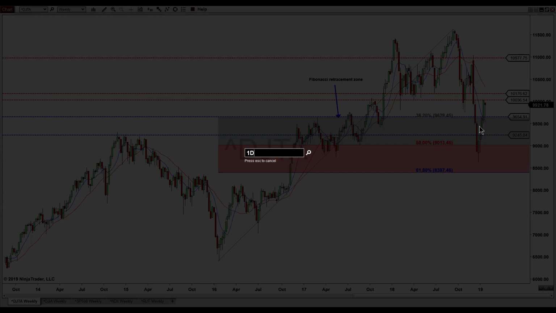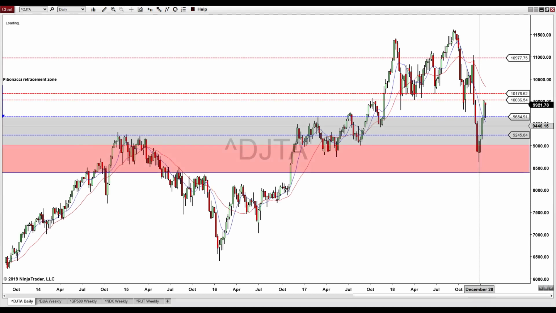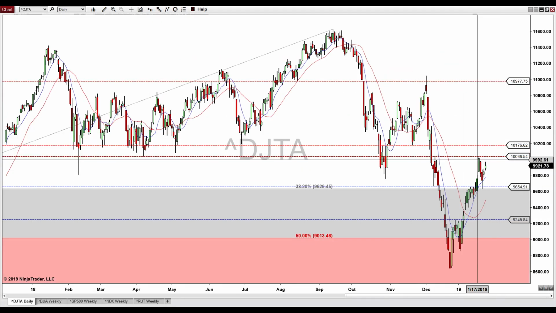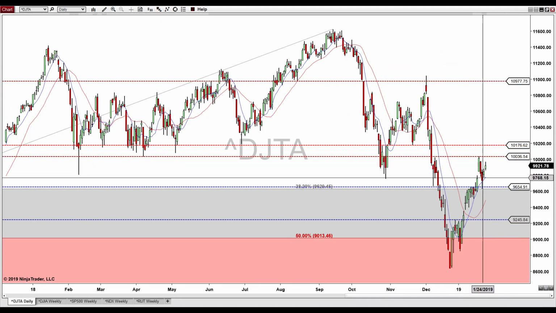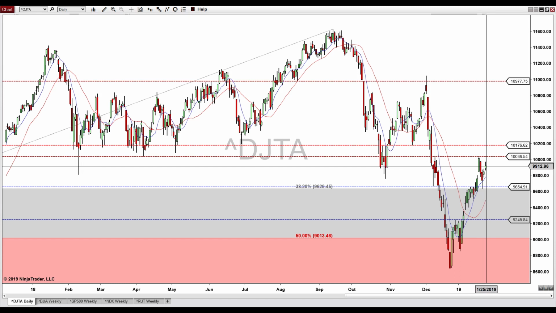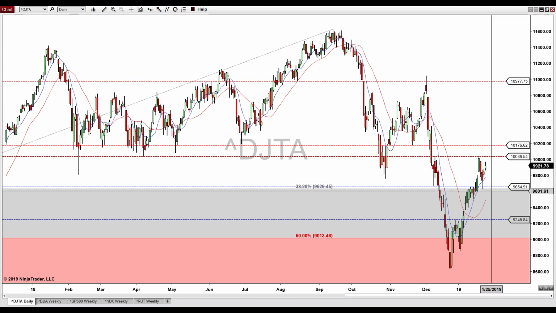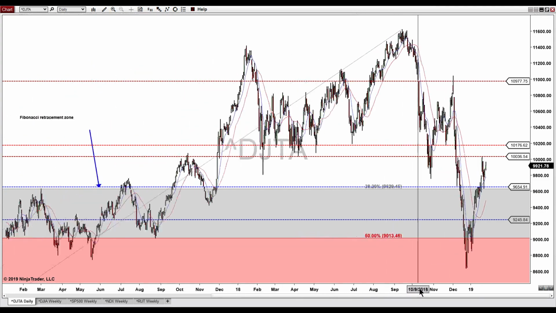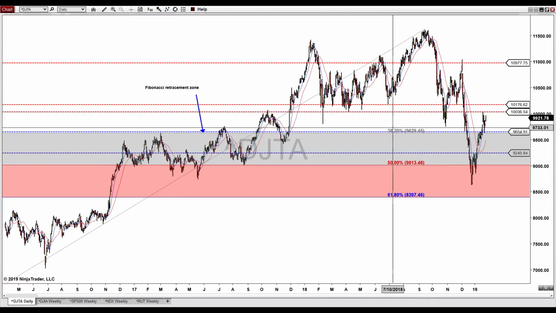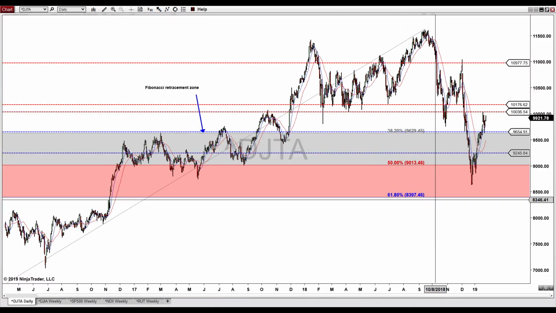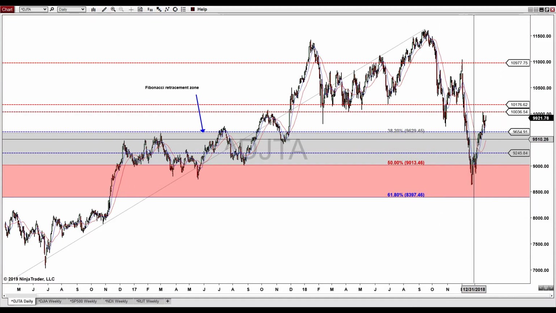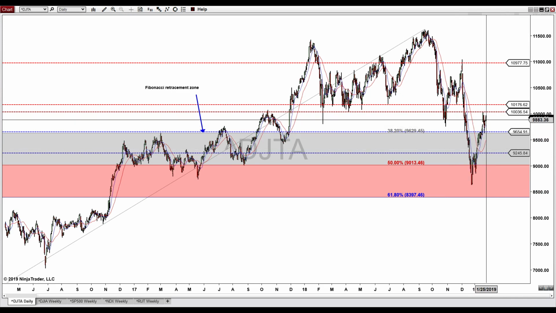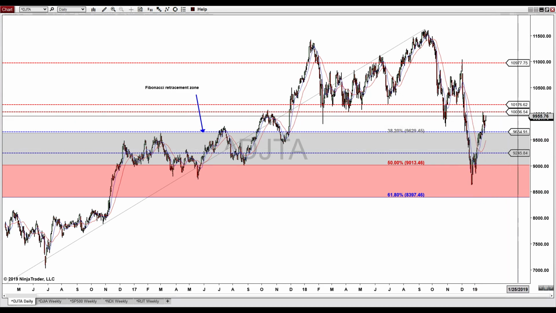If we take a look at the daily chart here, the market made a couple of days of a down move and then came back with a strong close toward the end of the week. On the transportation, it moved to this Fibonacci retracement zone, the 38.2 and 61.8, came back above this retracement zone and headed toward 10,036.54.